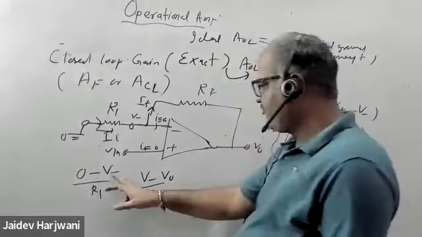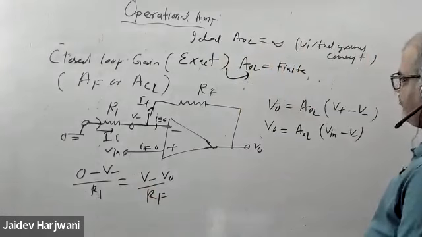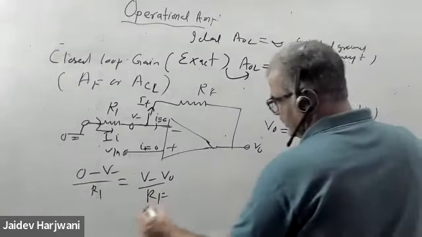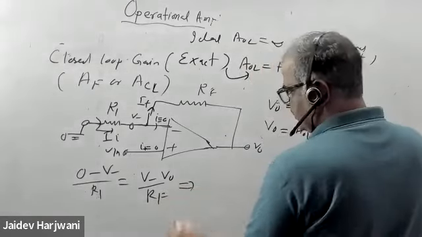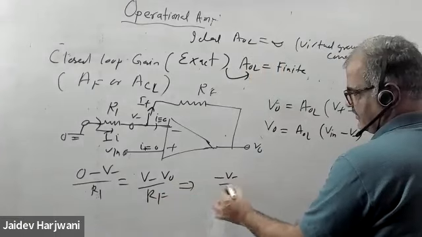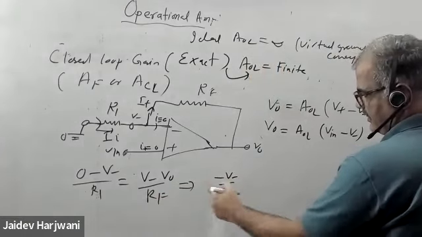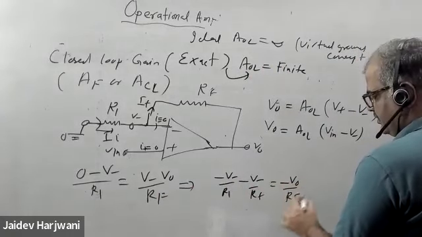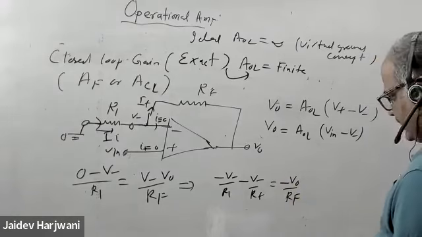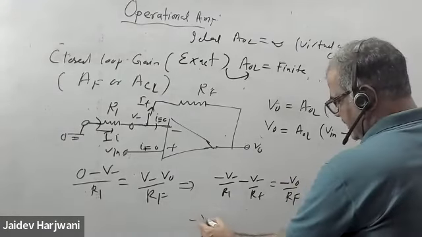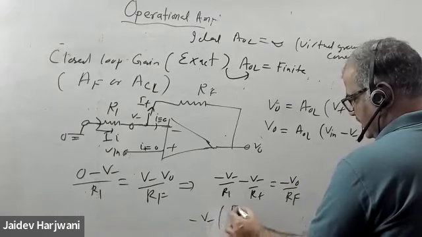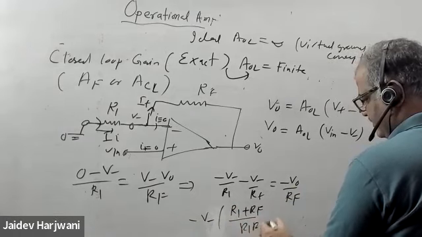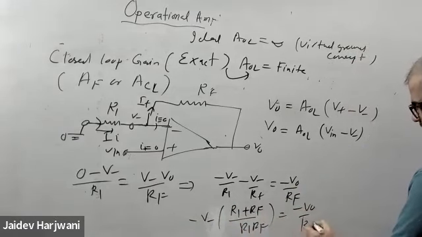Now find out what is the value of V minus here. So V minus क्या हो जाएगा आपका? So this equation implies V minus upon R1 and V minus upon RF equals minus V naught upon RF. Again, V minus times R1 plus RF over R1 RF equals minus V naught over RF.